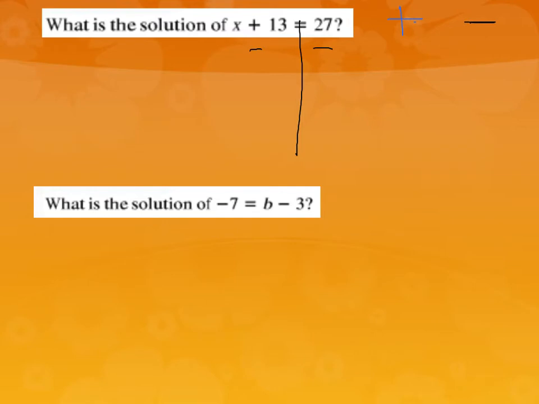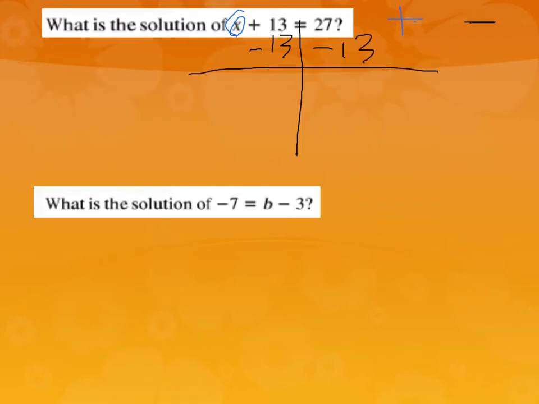Now, what do I want to get rid of on both sides of the equation? My main goal is to get this x all by itself because I want to know what x is equal to. So I know I have to subtract. And if I want to get rid of the adding 13, I would want to subtract what's shown, and what's shown is my 13. So I'm going to subtract 13 from both sides of the equation.